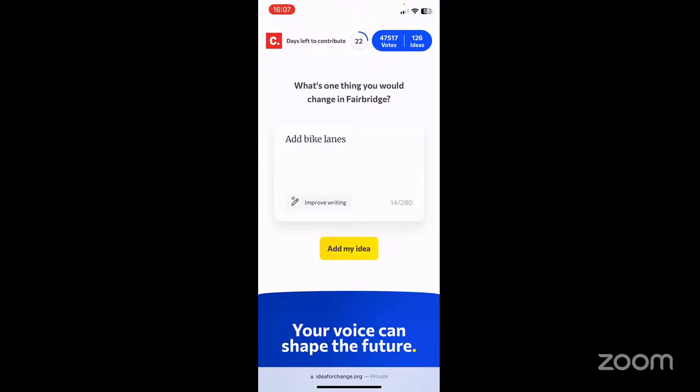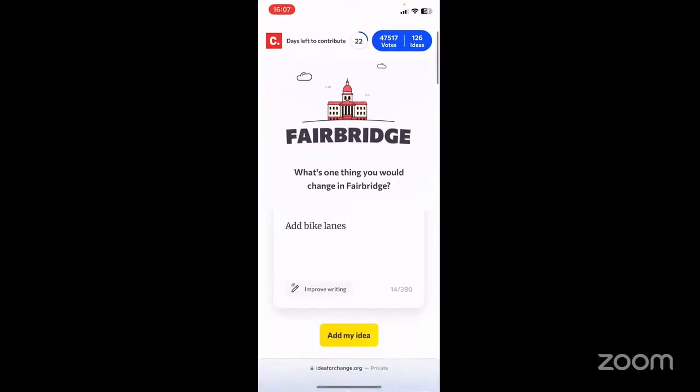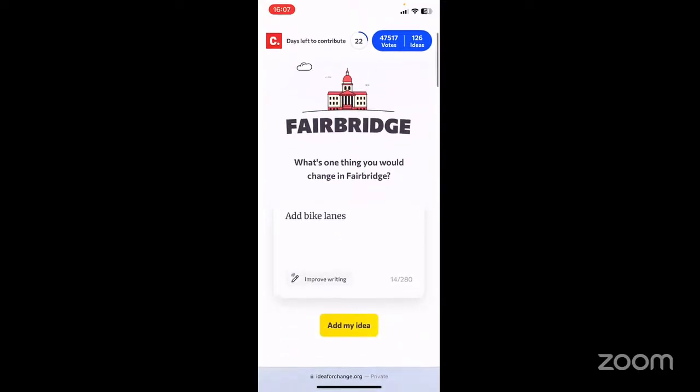I think what I mentioned before, that it helps seeing what other people have written, helps jog my thinking. I see what's already been submitted and the level of detail people have put in, because I feel like there are ideas and then there are specific ideas.